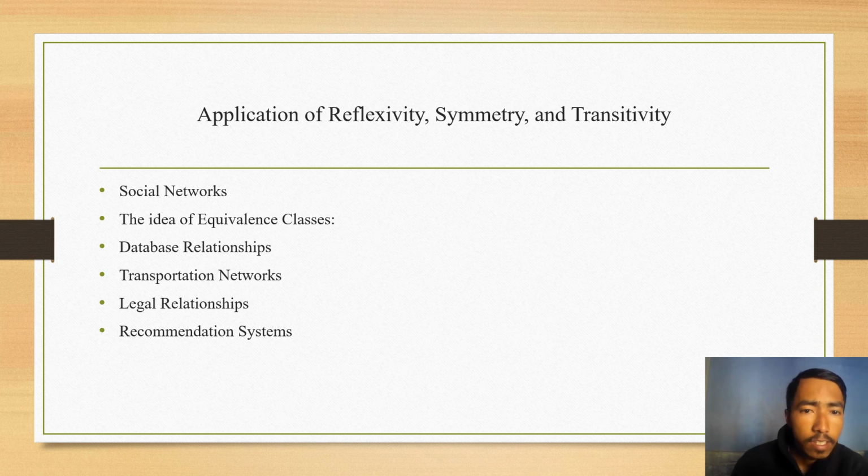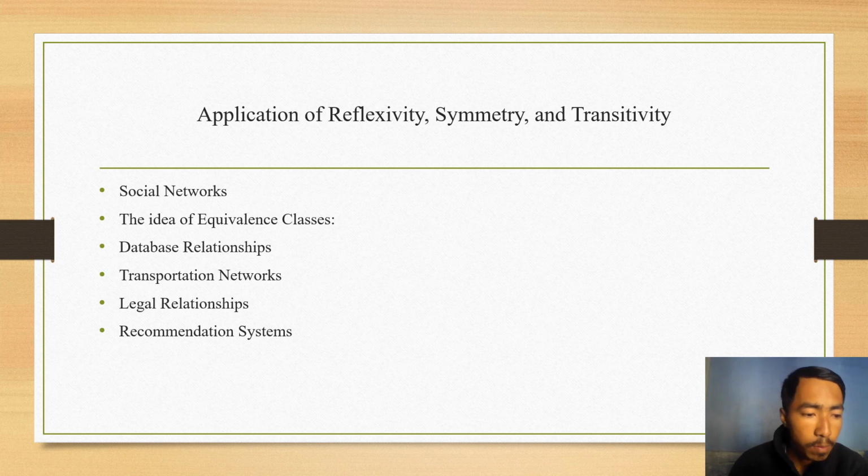Another application is the idea of equivalence class. In a classification system like placing students in different grades, reflexive ensures a student will be in their own grade group.